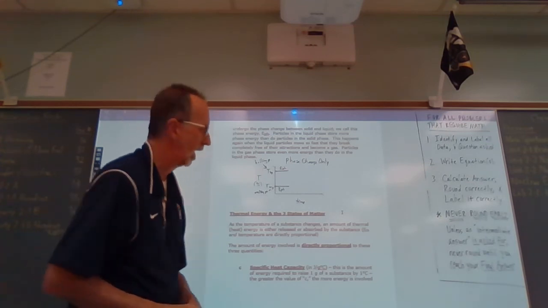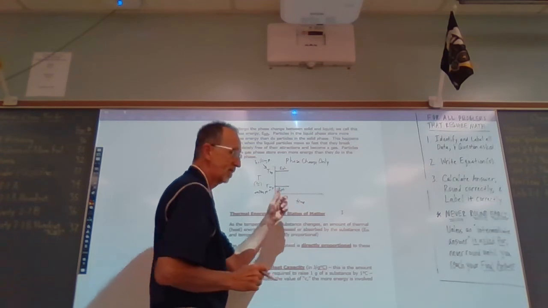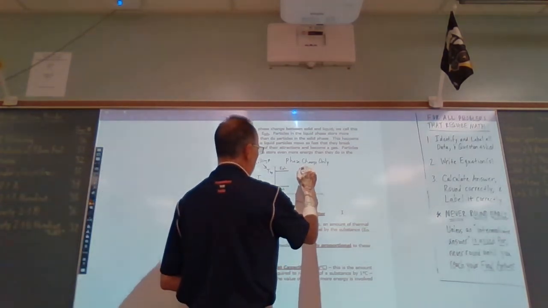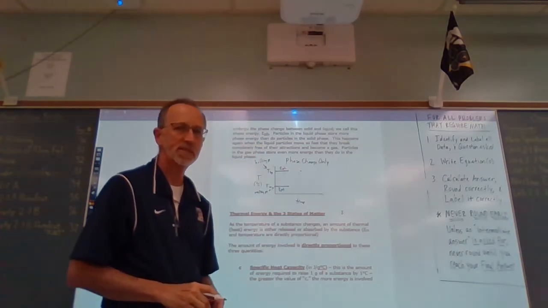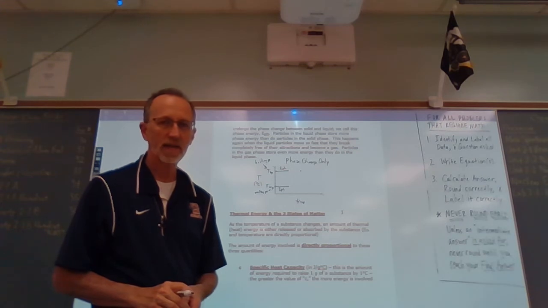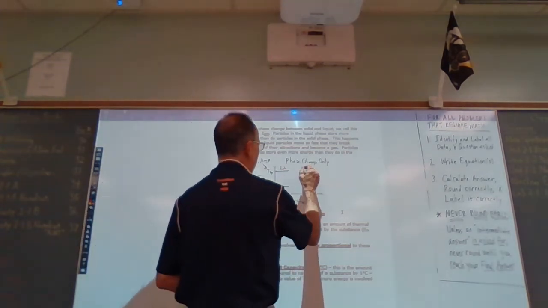Now, here I'm showing a relatively small amount of time. What if I was showing one for a larger sample of the same substance? Well, there's more particles. It's going to take longer for them to melt or boil, as the case may be.